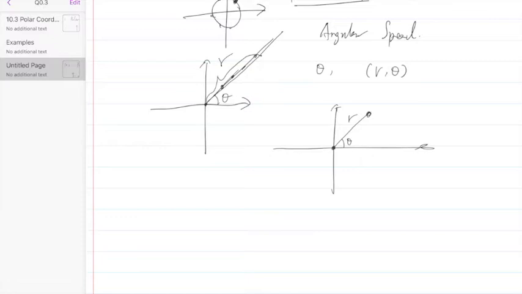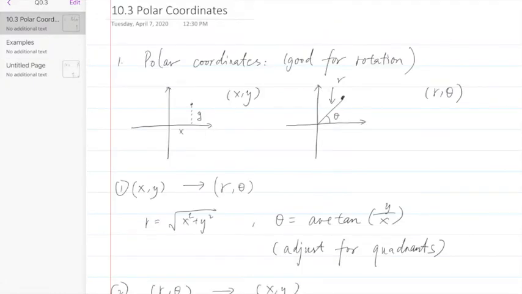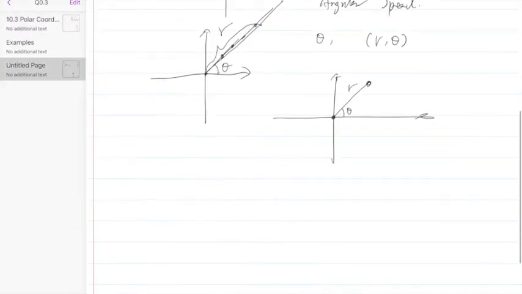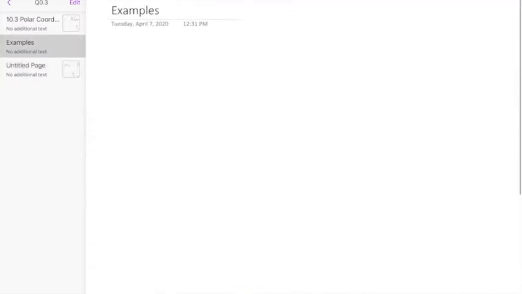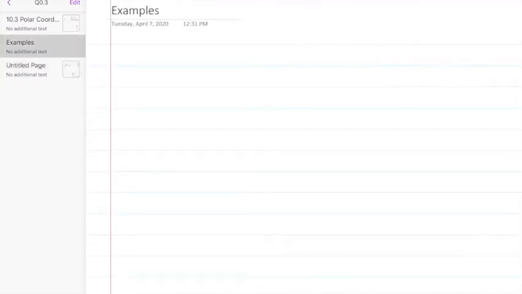And also you have a radius, which is r, which is also natural for rotations, because rotation usually evolves, at least locally, with respect to a circle. Okay, so that's the idea of polar coordinates. That's the definition. For xy, you have horizontal and vertical. For polar coordinates, you have r and theta.